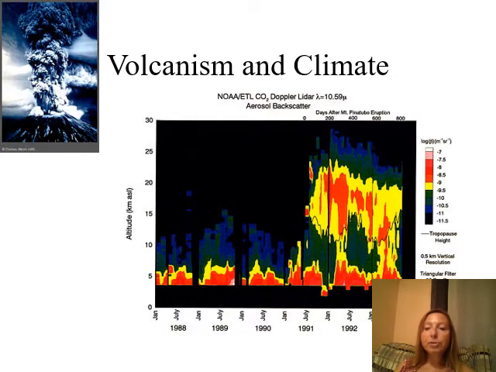Computer models suggest, and geological data from the past also suggest, that if a supervolcano such as Yellowstone erupted, we would be propelled into many, many years without sunshine. And that would clearly trigger some positive feedbacks that would propel our planet into another glaciation.